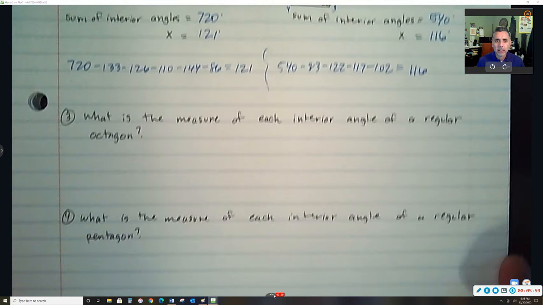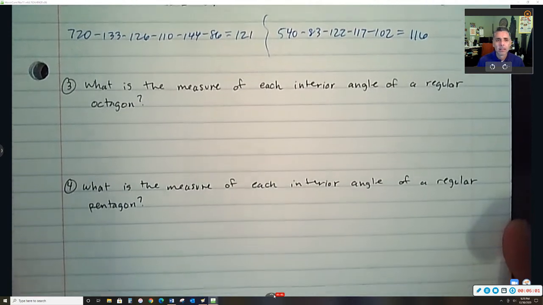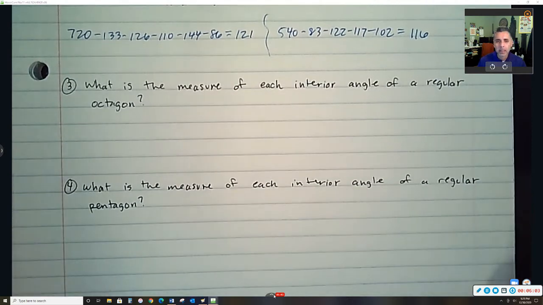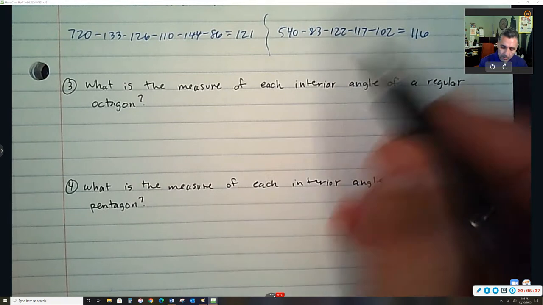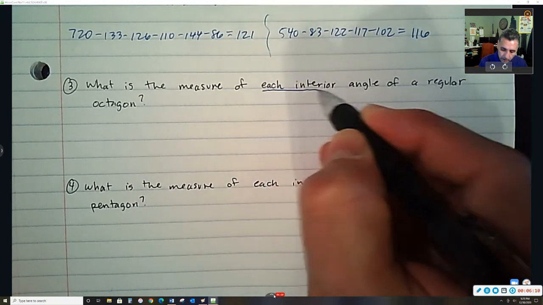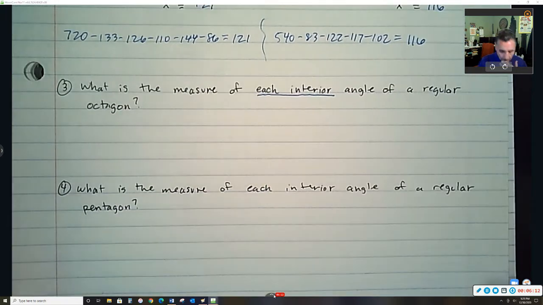And then these, kind of the same idea. What is the measure of each? So this is tricky. A lot of students, I notice, either read it too fast or they just don't take the time to actually figure out what it's asking.